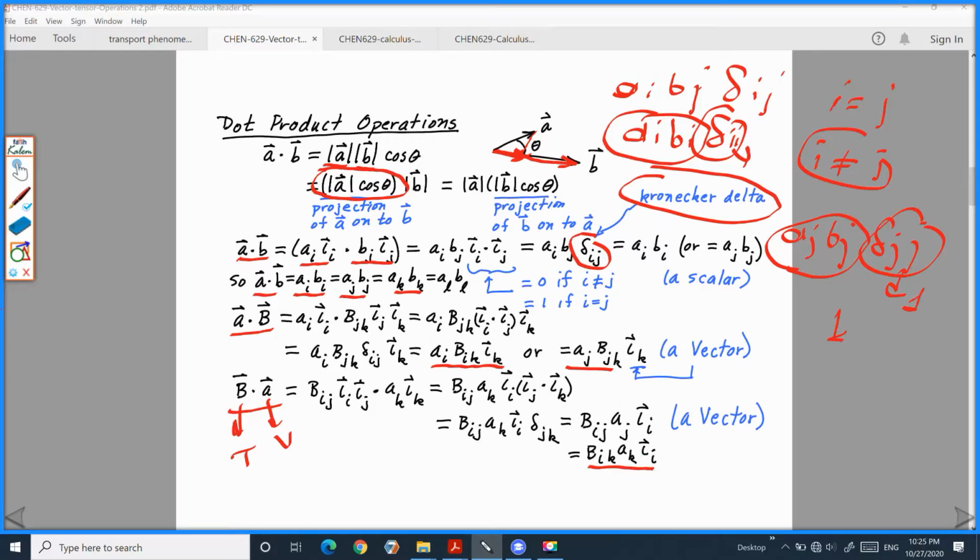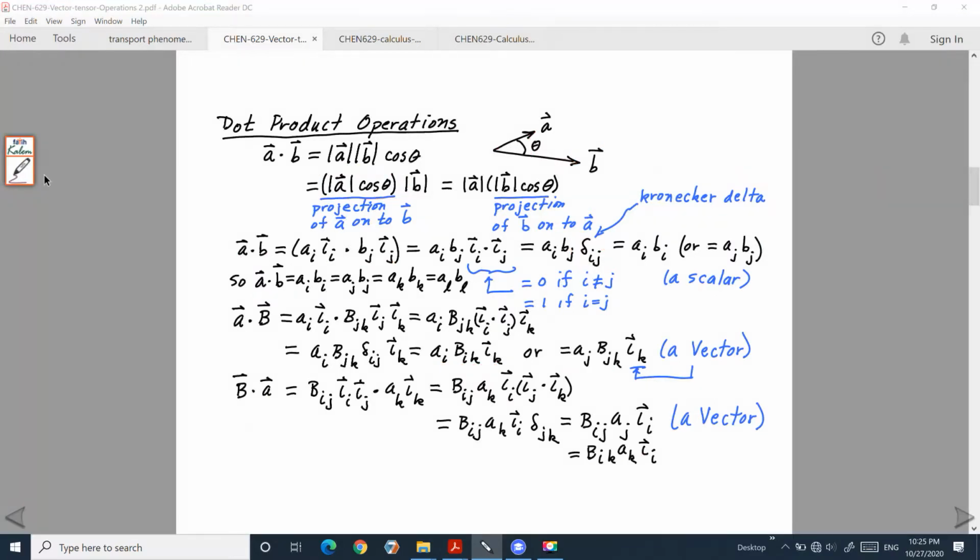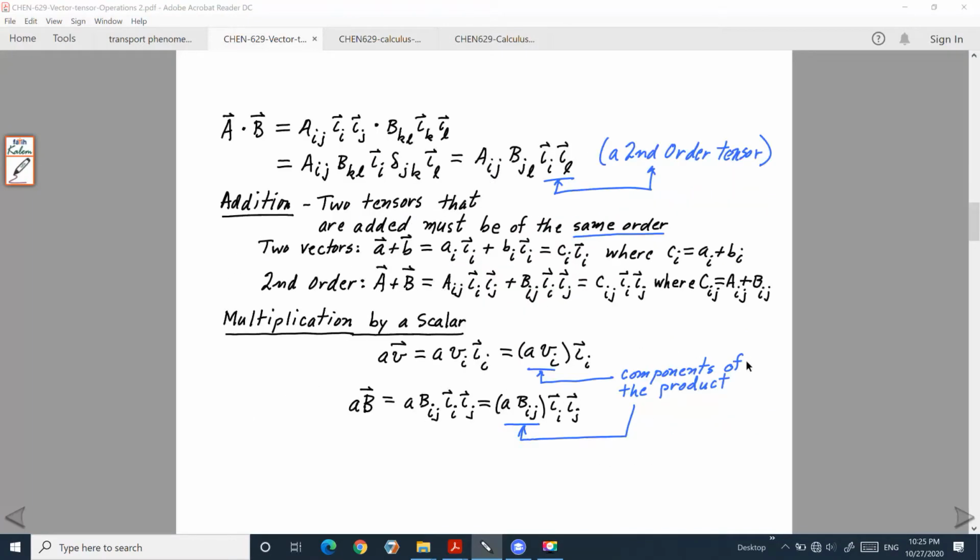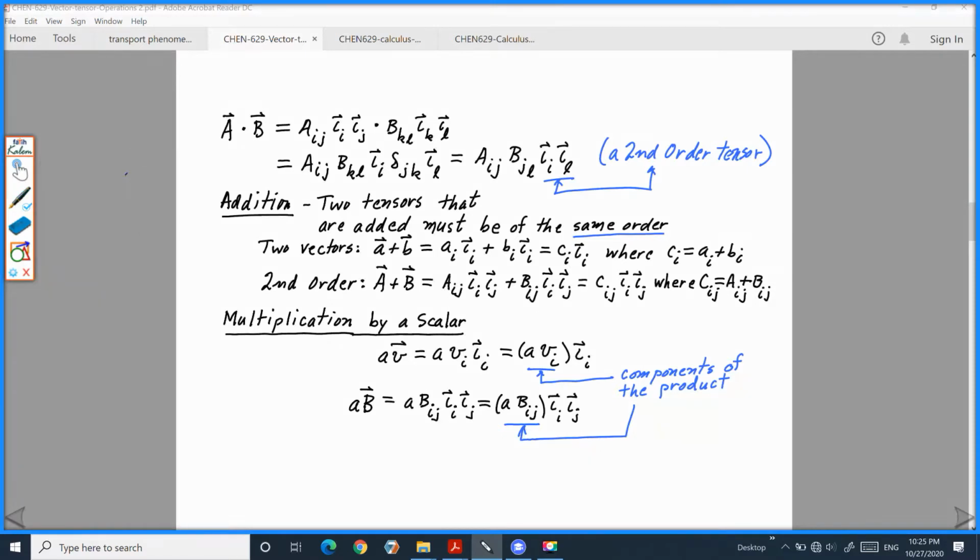So okay, let's continue our discussion to the next slide. Another operation is the dot product between two tensors.